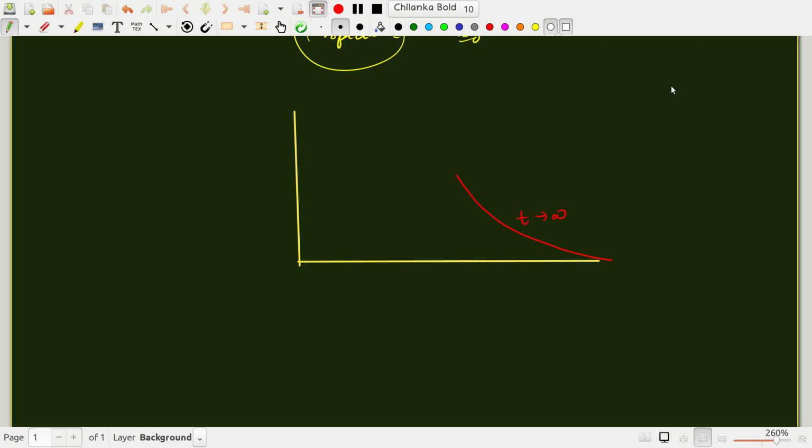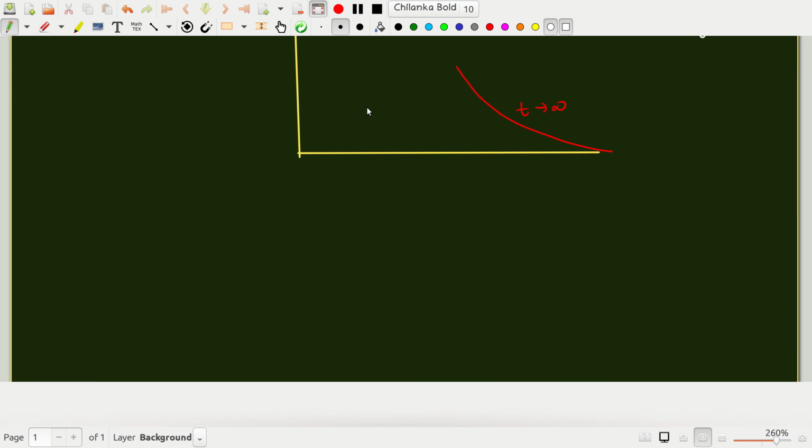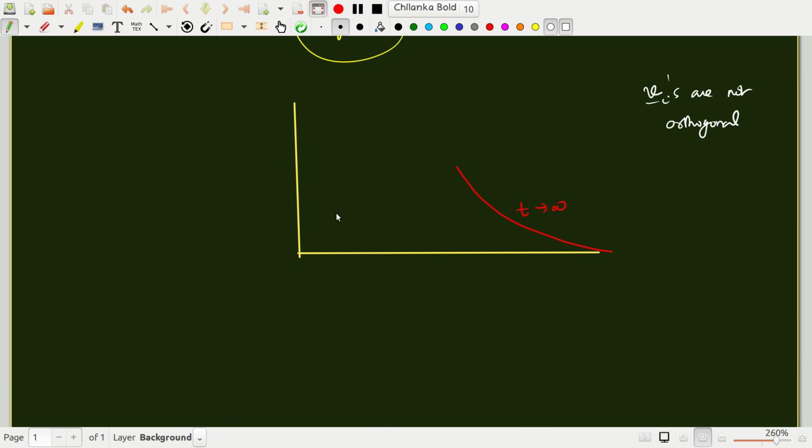If the eigenvectors vi are not orthogonal, then in the superposition of eigenfunctions and those exponentials, even though all the lambda i's are less than 0, there is a possibility that at early times, because the eigenvectors are not orthogonal, there can be growth and then eventual decay.